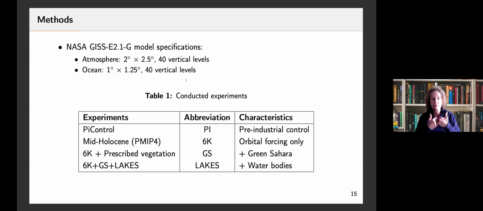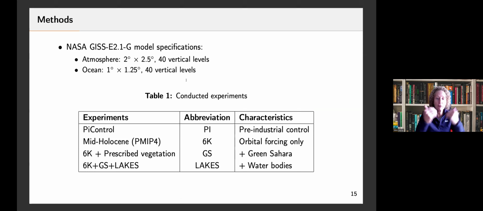So this is the fourth iteration. The models have been updated, and it's abbreviated as our 6K, our mid-Holocene simulation, and it pretty much has orbital forcings only. So all the changes that you see associated with the PMIP4 protocol are mostly related to orbital forcing.